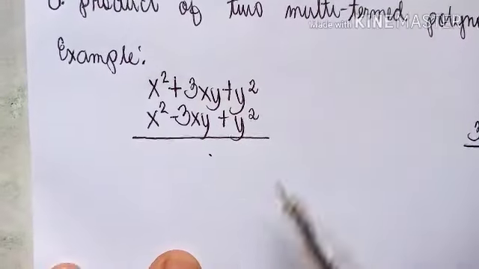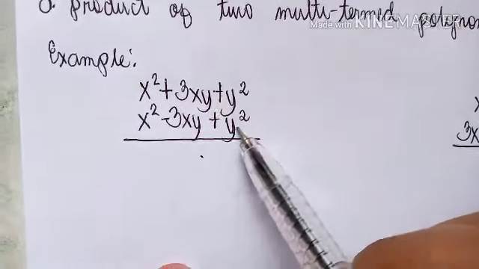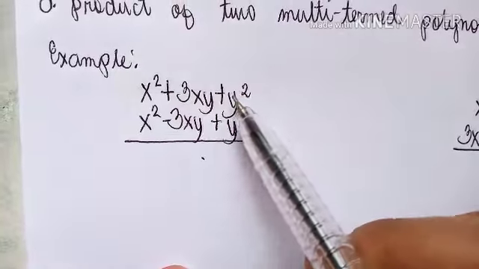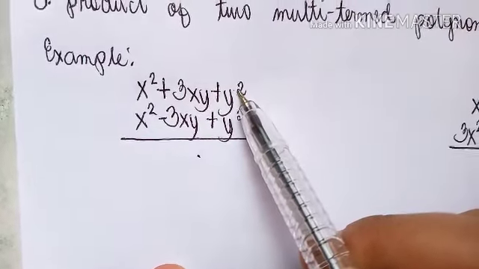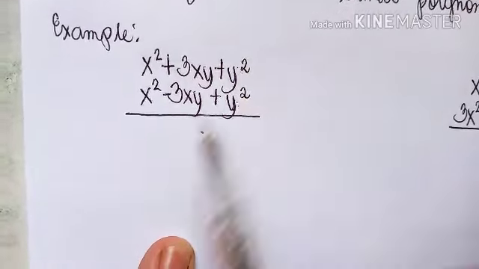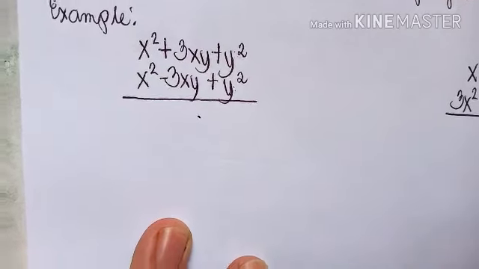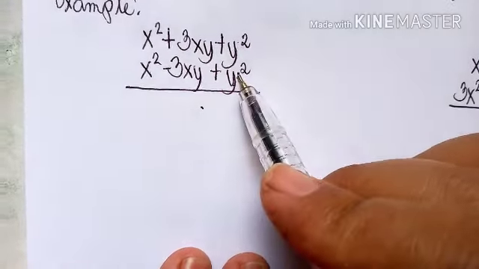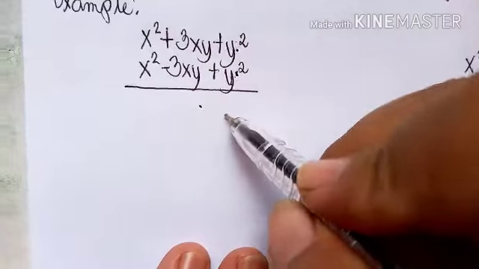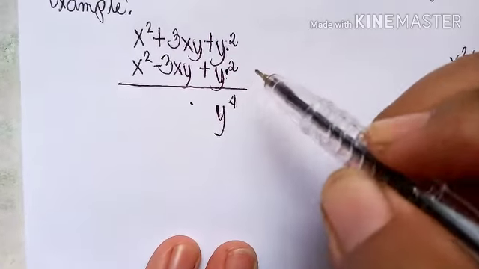So what we're going to multiply is your y squared first. You multiply it to your y squared also, since these are the last two terms. So we have y squared times y squared, that is y raised to 4.